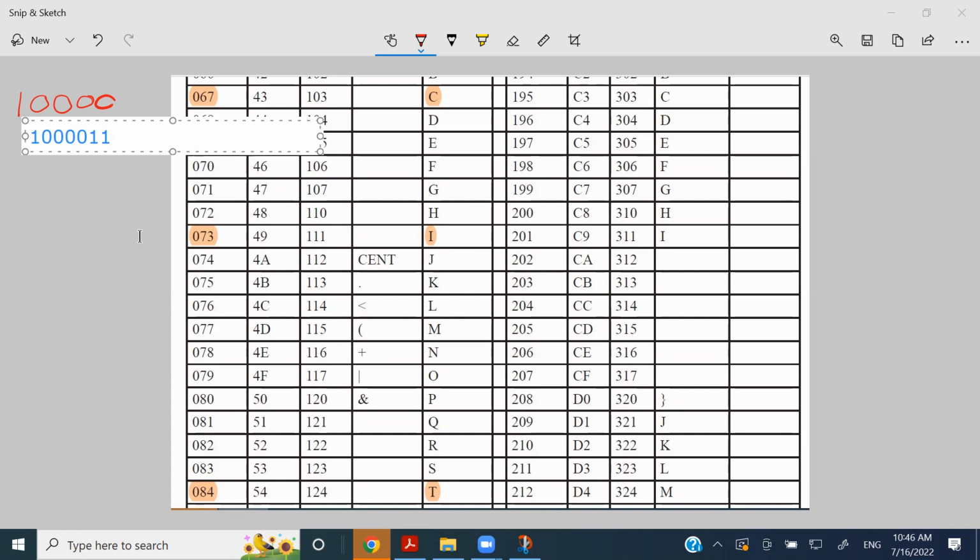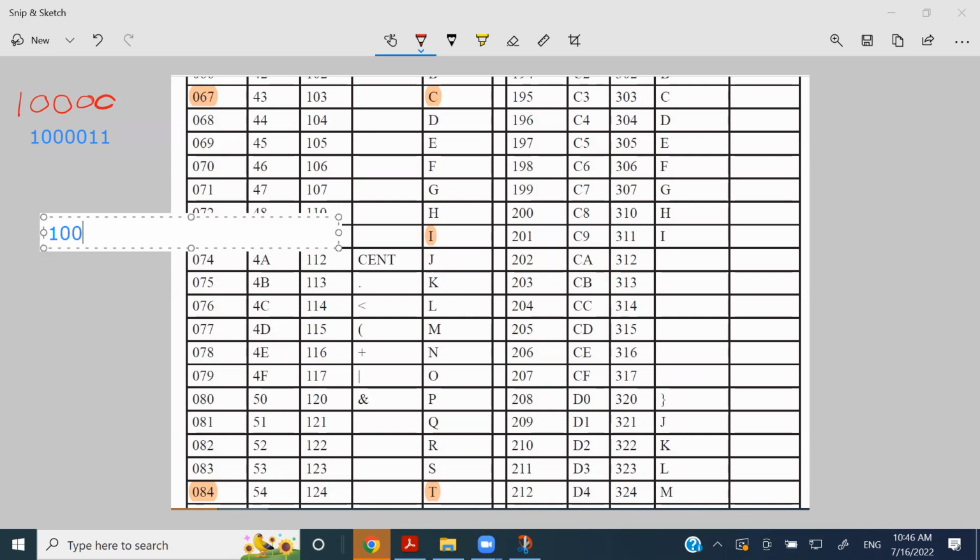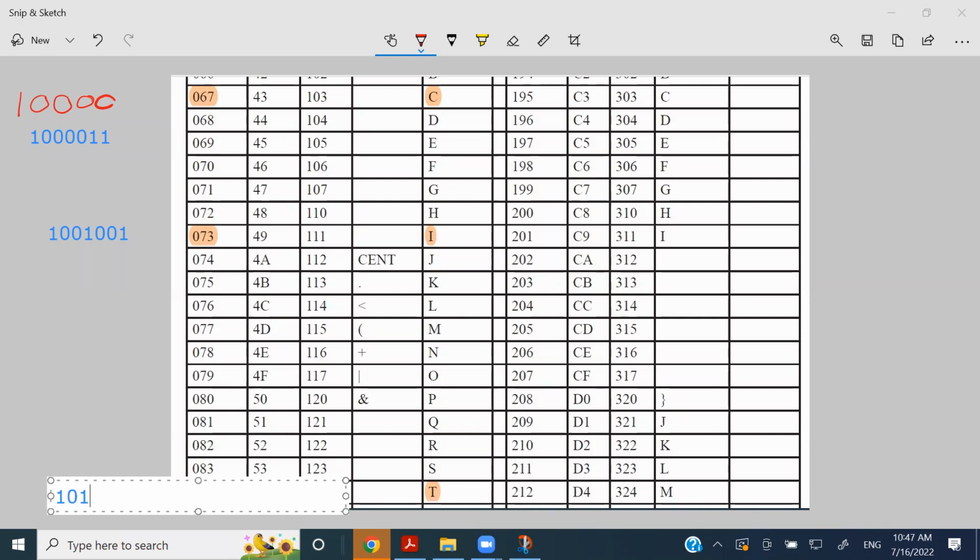And the 73, we can write as 1001001. So we are just converting 73 into a binary number, 67 into a binary number, likewise. And the T can be written as 1010100.